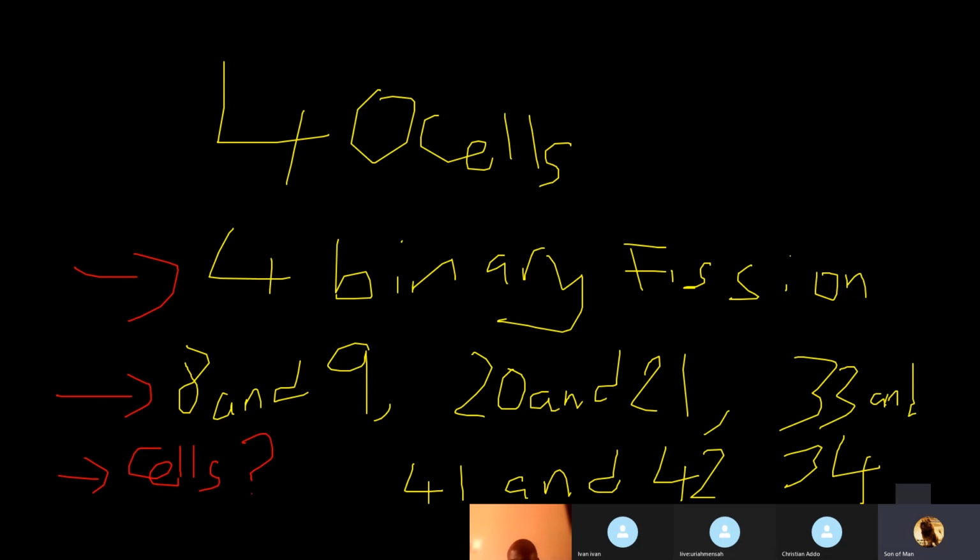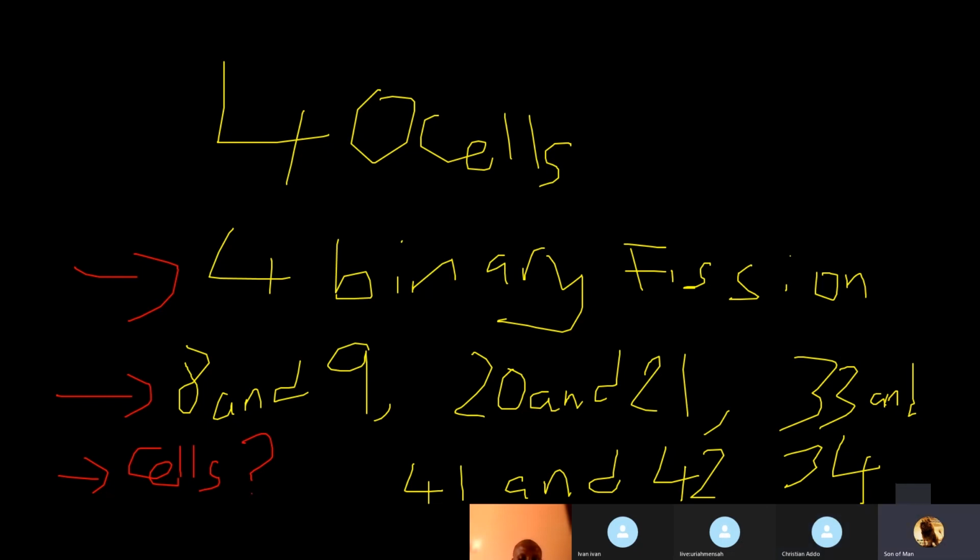Okay, continue. The first one has 8 cells. The second has 12. How do you get 12? I counted from the first division to the second. Okay. The third has 13. The fourth has 8. And then the last one has 3 cells.